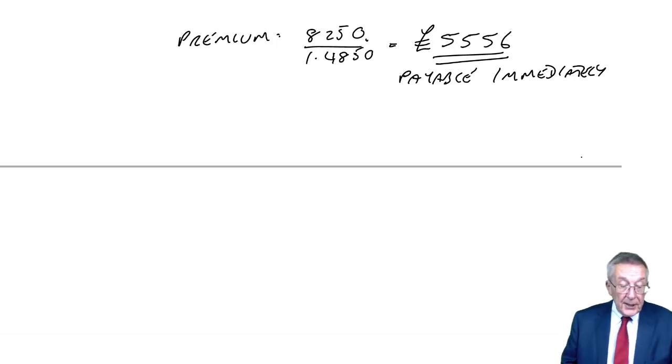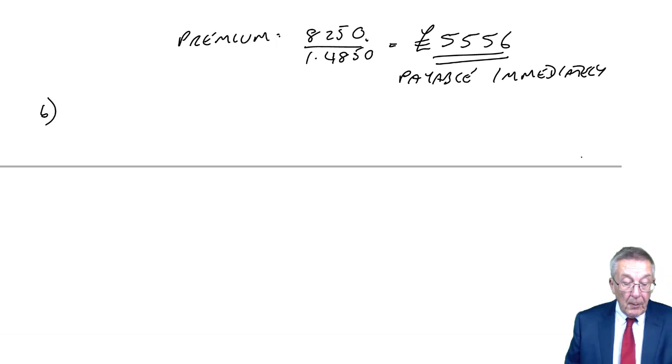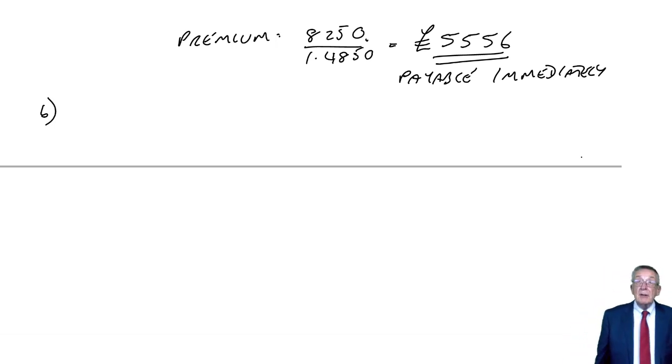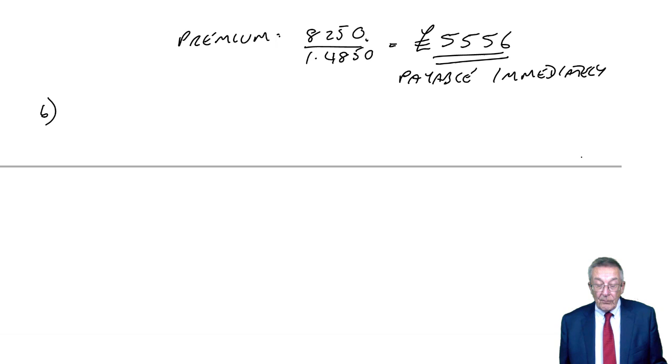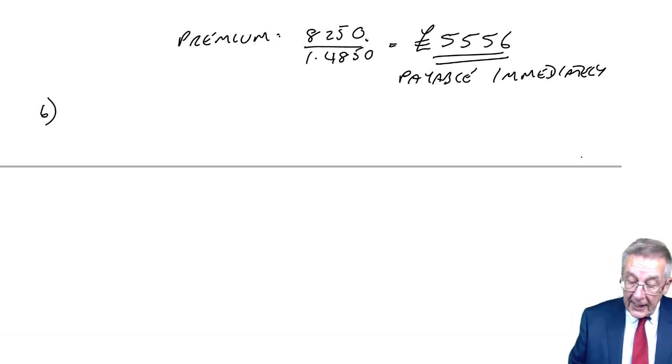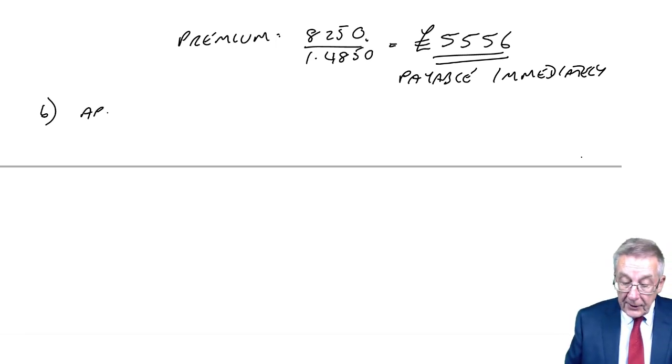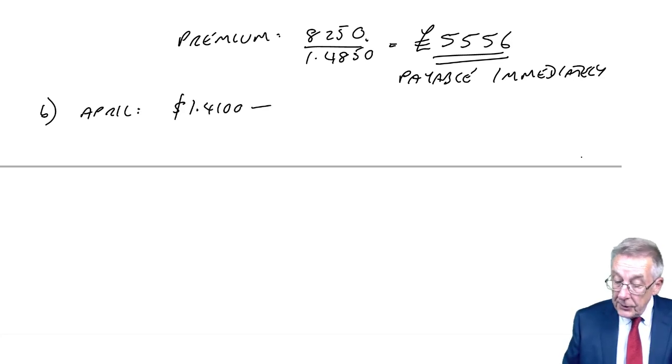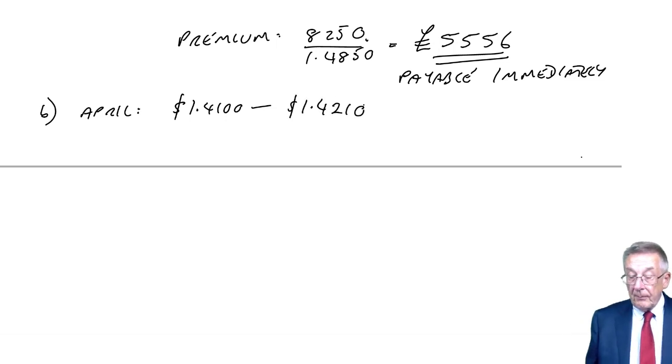Let's finish it off though, because the question, as in the exam, almost always wants you to carry on and show what happens for any particular spot rate. Well, it says the spot rate in April when it comes to the transaction is 1.4100 to 1.4210.